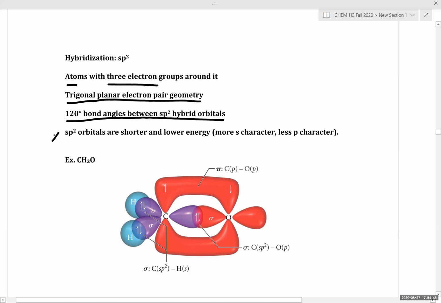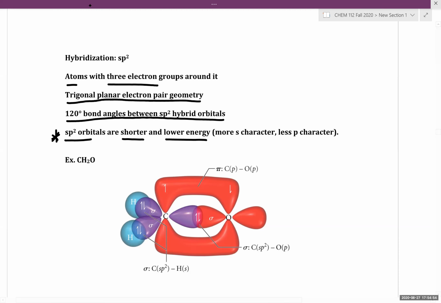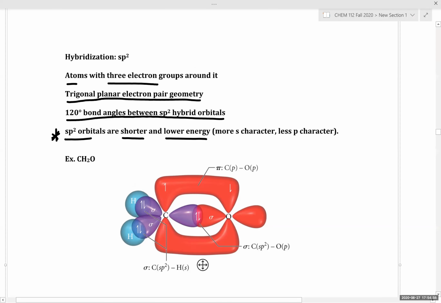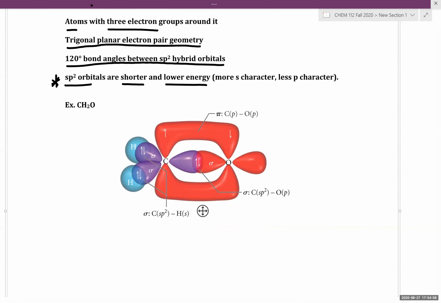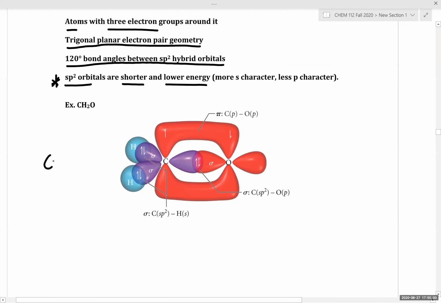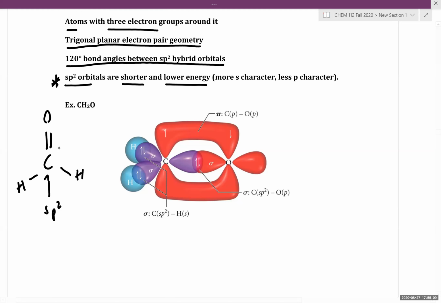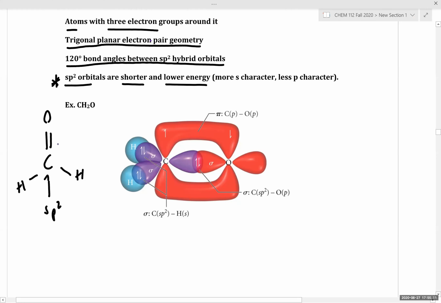And the key thing I want you to remember is that sp2 orbitals are shorter and lower in energy. Looking, for example, at formaldehyde, we have an sp2 hybridized carbon and our bond angles are roughly 120 degrees.